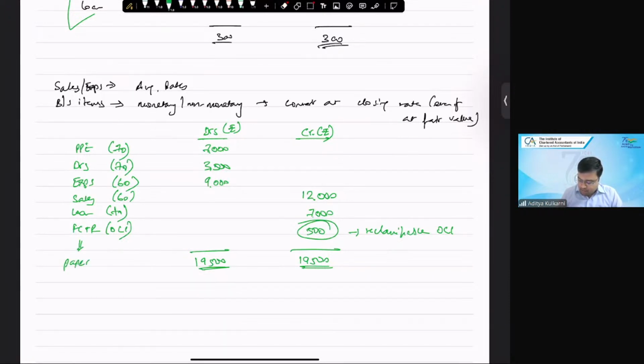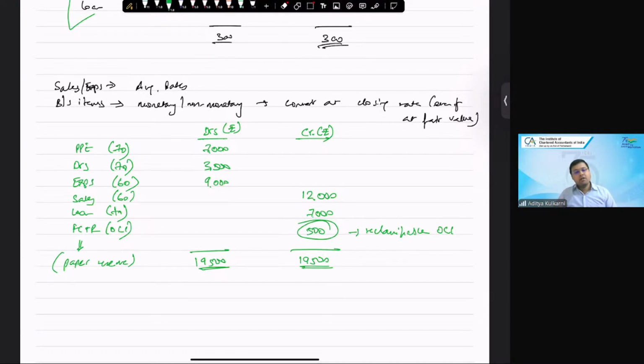Why do I call it a paper reserve? Because it is there only on paper. Have you actually set aside money to call it a reserve? Have you generated profits to call it a reserve? No. It is because of different conversion principles which has given rise to this.